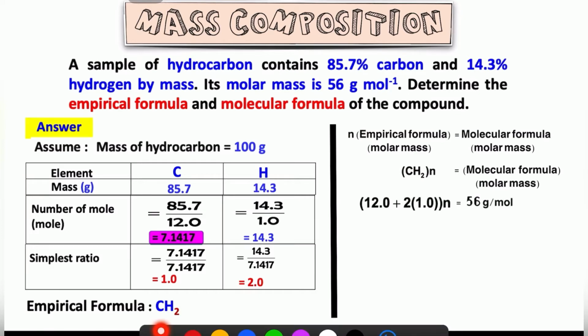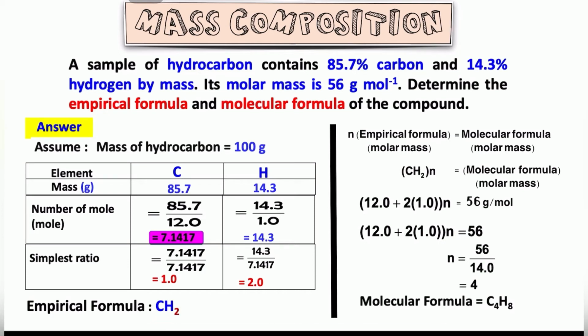So the molar mass of the molecular formula for the sample is 56 gram per mole. Then you can calculate the n value. You will get n is equal to 4. So the molecular formula is C4H8. When you substitute the value of 4 in this formula, you get the molecular formula C4H8.